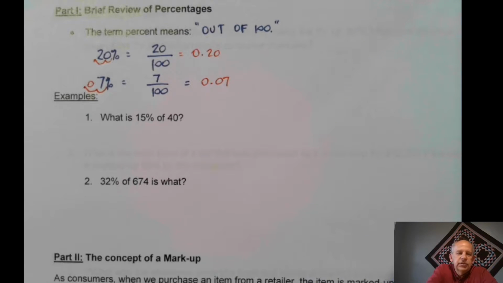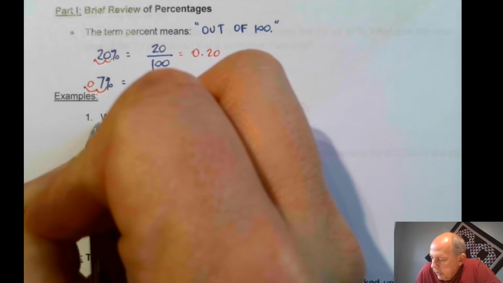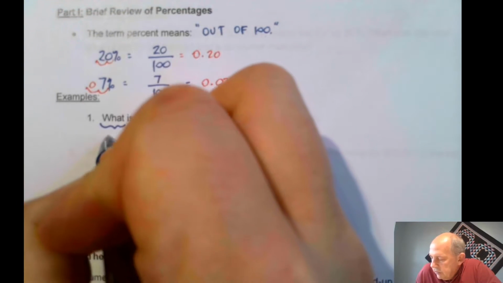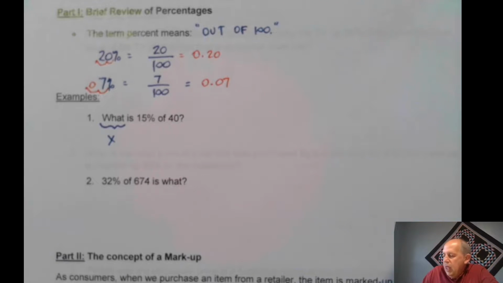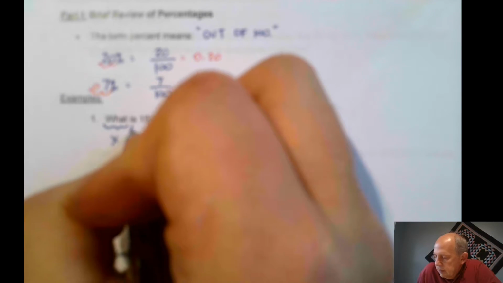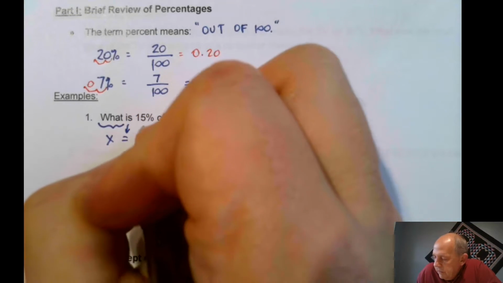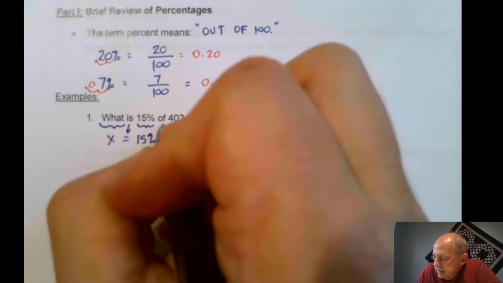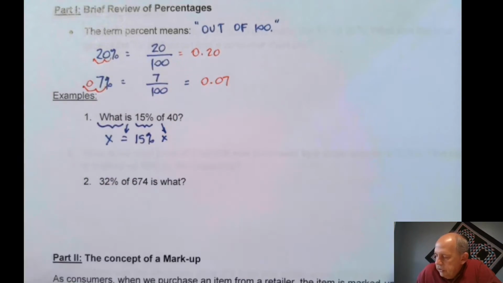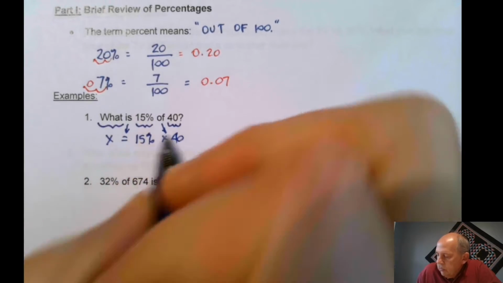Now, let's take a look at some very basic examples of translating English sentences to math sentences. So what is 15% of 40? Translating that from English to math, what translates into X, is translates into equals. 15% stays the same, of translates into multiply, and 40 remains 40.